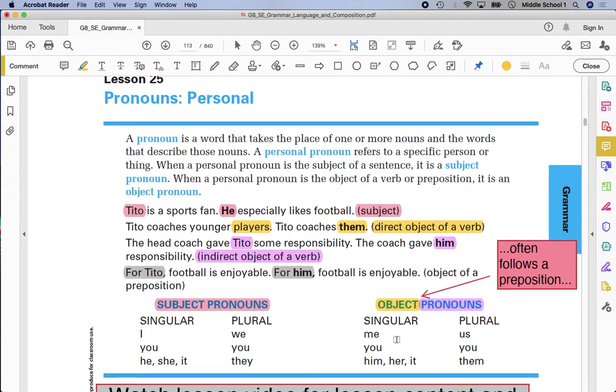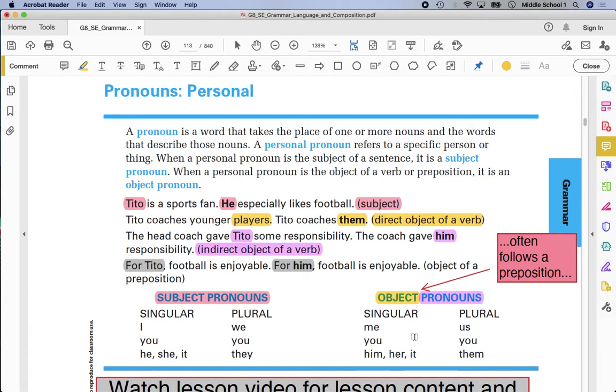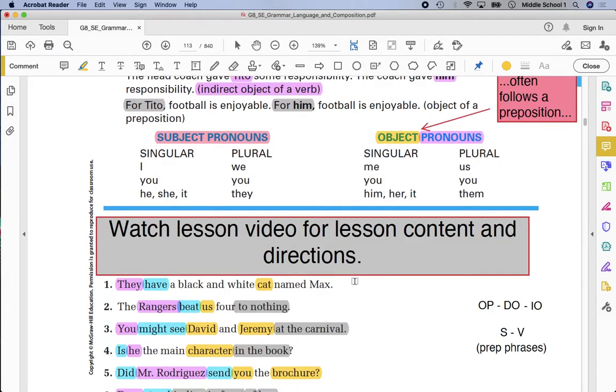My takeaway from today's lesson is that sometimes I have words in the sentence that take the place of nouns, and I call those pronouns. And inside of the sentences, I have my regular sentence parts. I have my subject, I have my verb, I have my prepositional phrases, and I may have an indirect or a direct object.